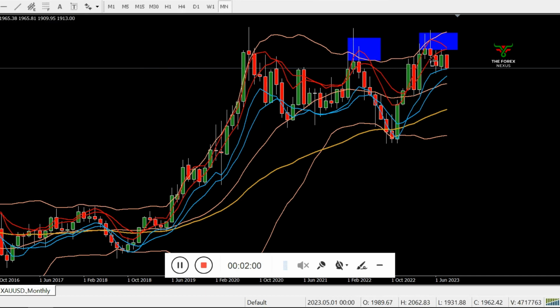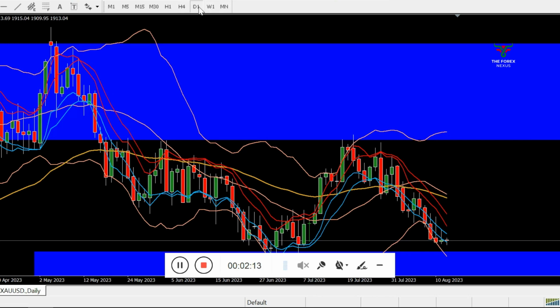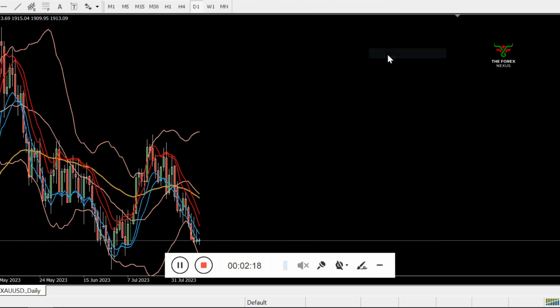Now the market is looking for the 510 low again. On weekly we need extreme here, on daily we need extreme plus MLV, but the scenario is a little bit changed here now.